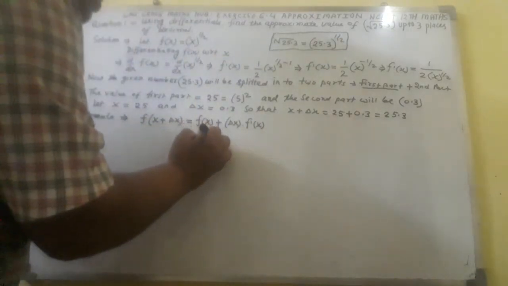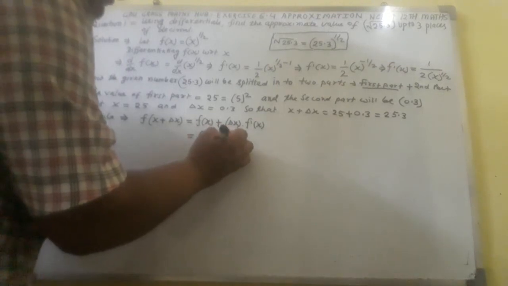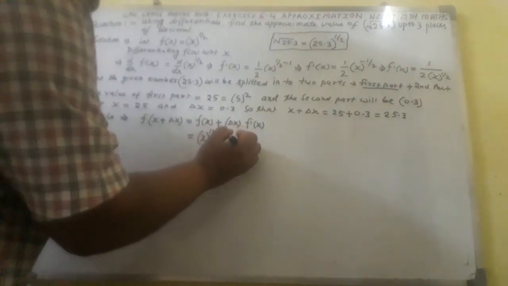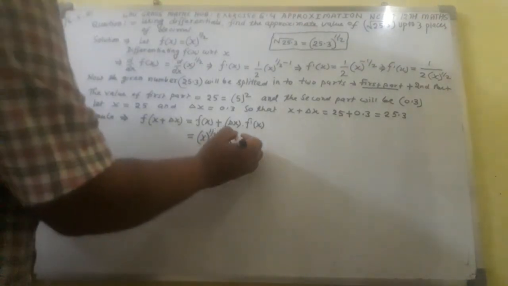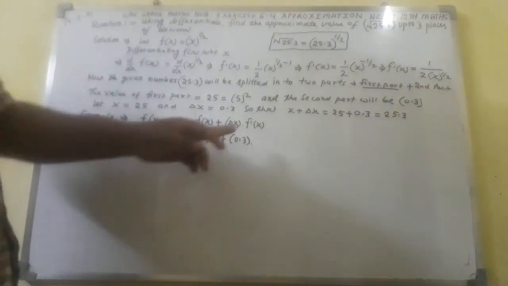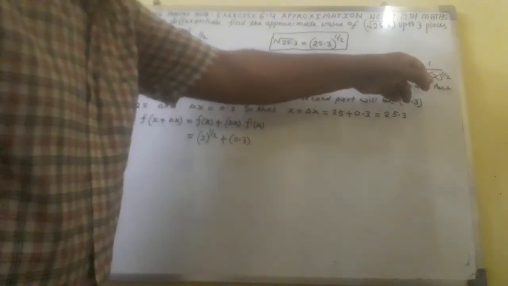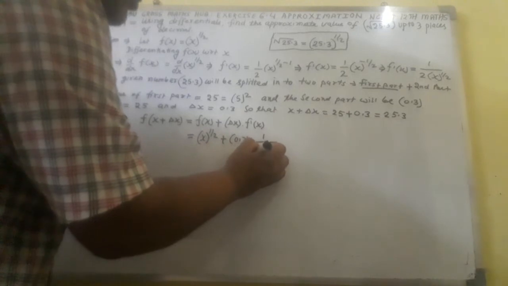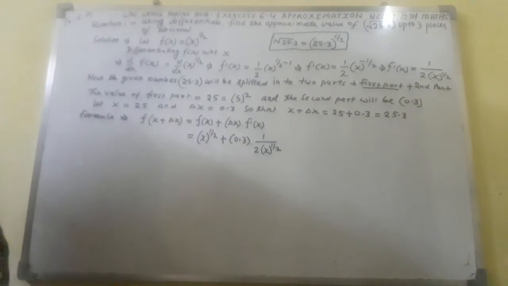So here I shall write x raised to the power 1 over 2 plus delta x, 0.3 at this place, and f dash of x. f dash of x I shall take from this place: 1 over 2 x raised to the power 1 over 2. This thing I have got.